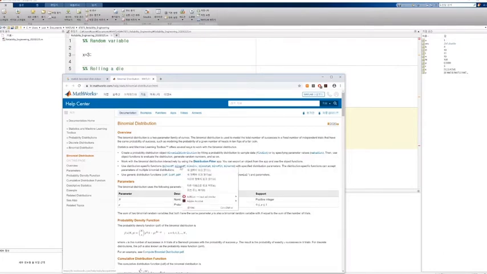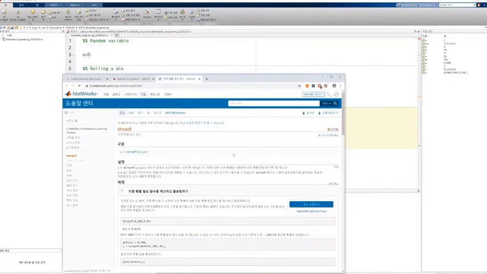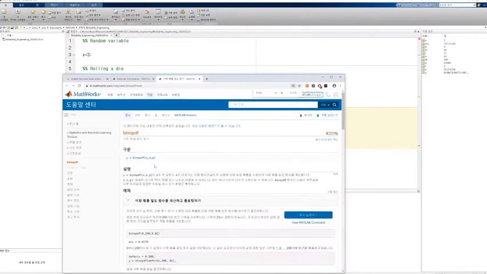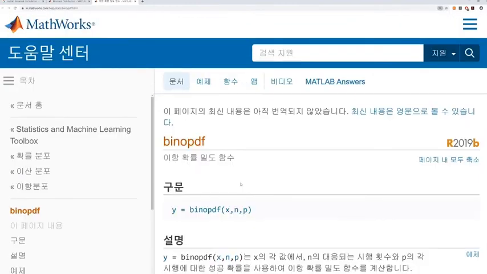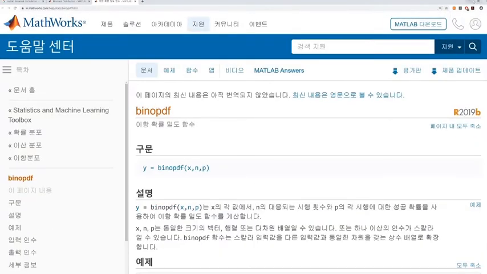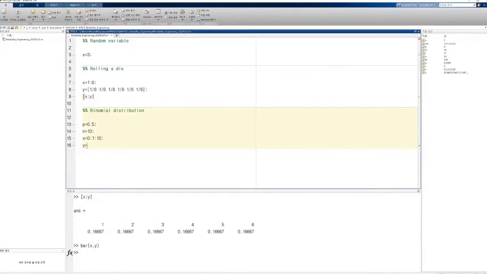In fact, what we need is this function here, the binomial distribution, where x is the number that we are expecting, n is the total number of trials, and p is the probability of success in each trial. So with this information, y can be calculated as a binomial PDF.